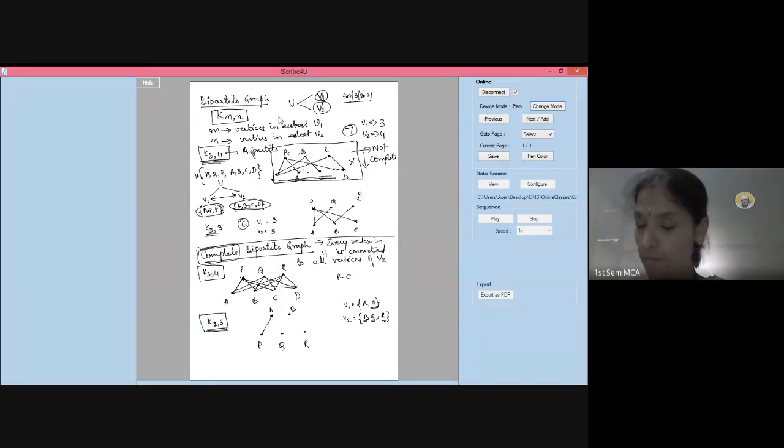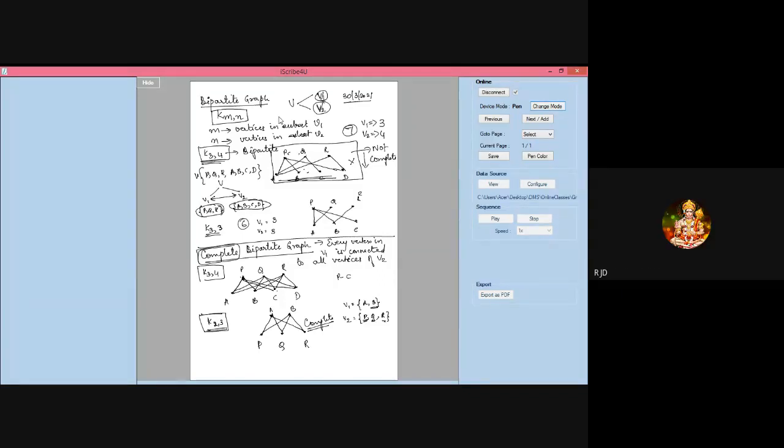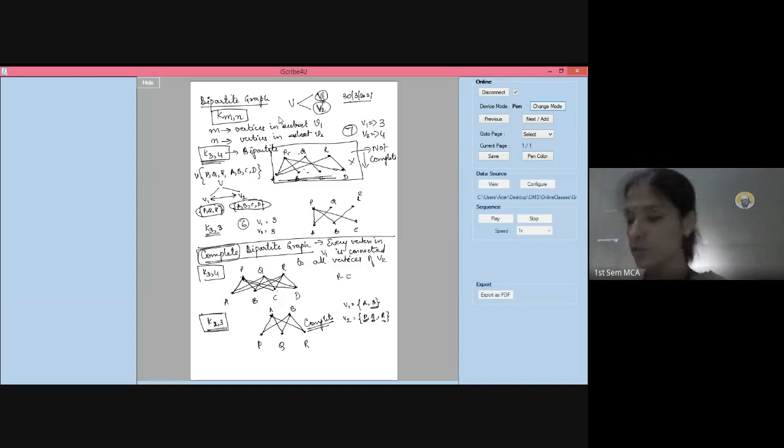A to P I have drawn, A to Q, A to R. Similarly, B to P, B to Q, B to R. This is a complete bipartite graph. Clear to you all? What is a complete bipartite graph? Yes, ma'am. Yes, good.